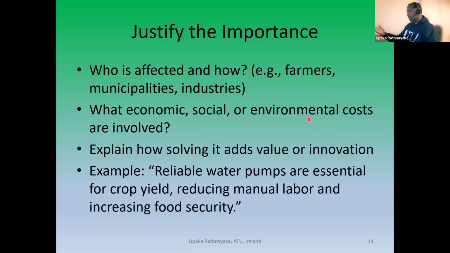Just as an example, reliable water pumps are essential for crop yield, reducing manual labor and increasing food security. Now, even this would happen to Sri Lanka as well. If you look at countries like Japan, they have a severe issue of population growth. I'm basically against population growth, but you have to manage it properly.